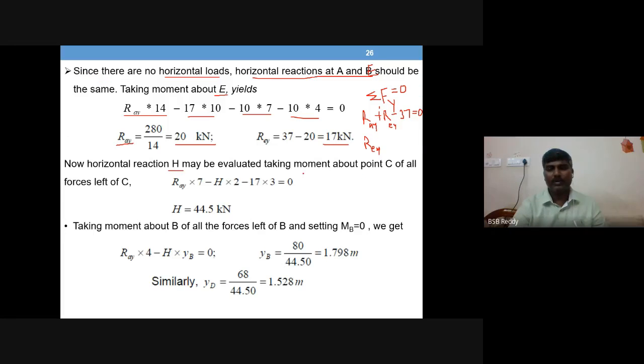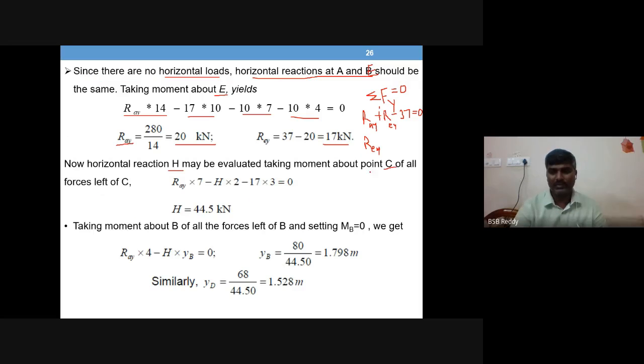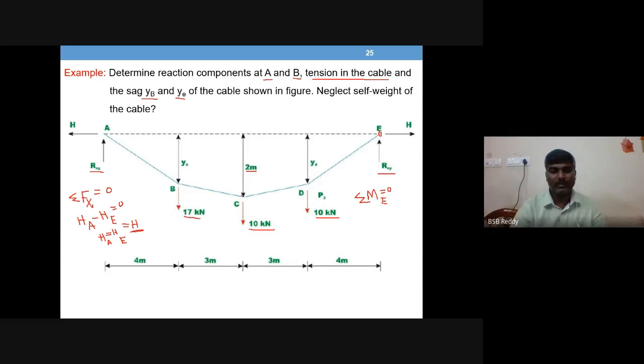By taking moment about point C where you have known data, take a section here and take moments about either the left or the right of the section. I am taking a section at C, and all the forces to the left of C take moments.